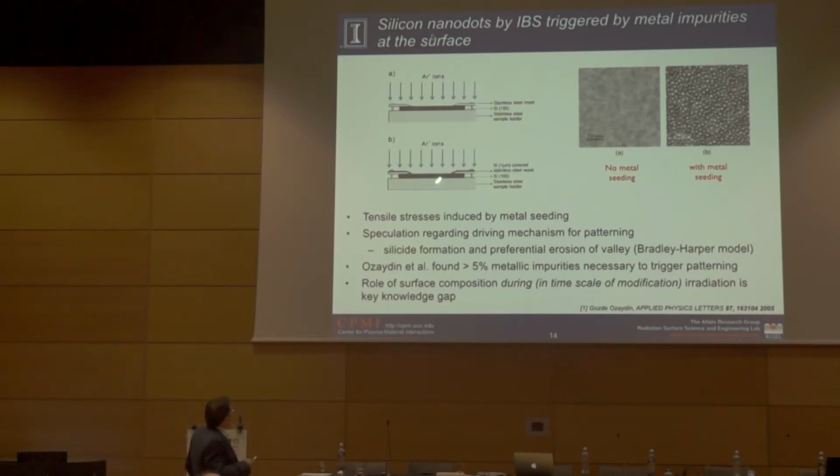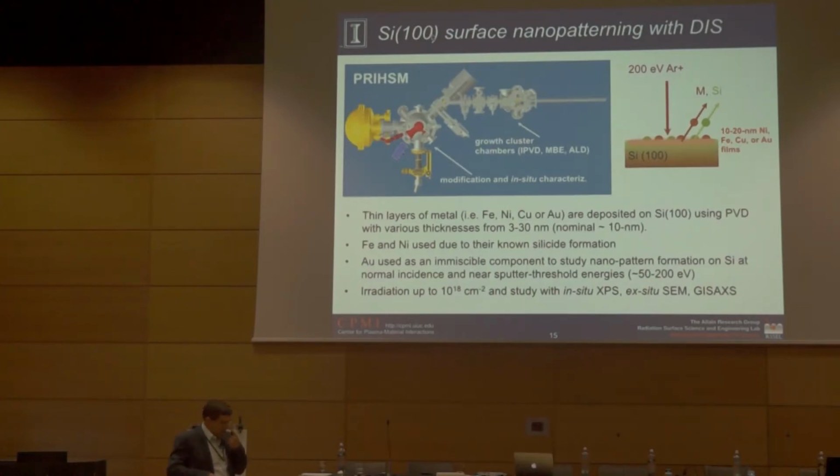So the role of surface composition, certainly during the time of modification, became very important, and still a critical knowledge gap in the field to understand how this actually happens. So we set up an experiment to study this. As I mentioned, we deposited about 10 to 20 nanometers of a variety of metals. We conjectured that what drives some of these patterns is probably related to the strong silicide formation that could possibly form near the surface of silicon.